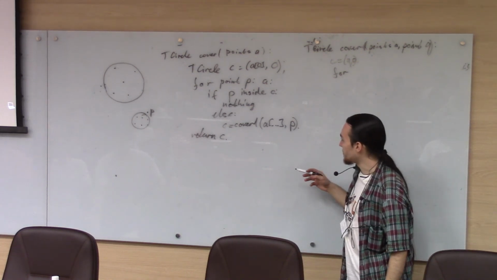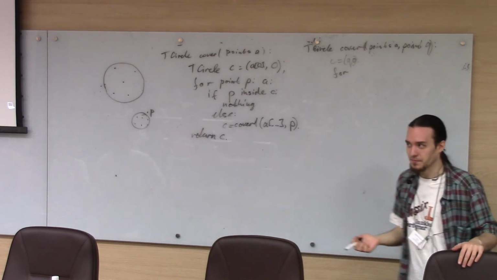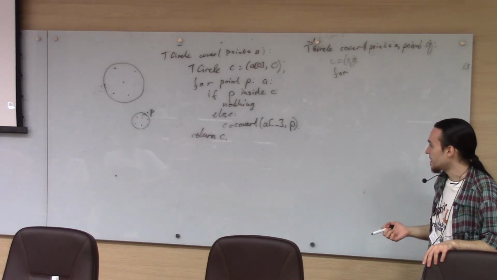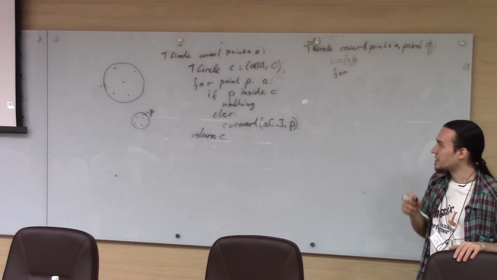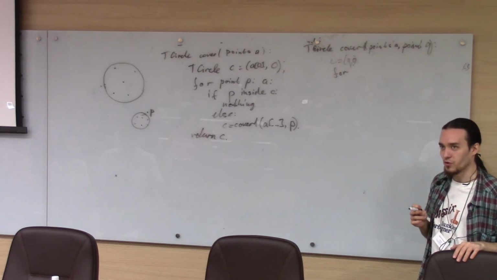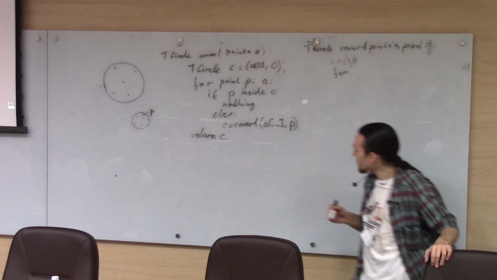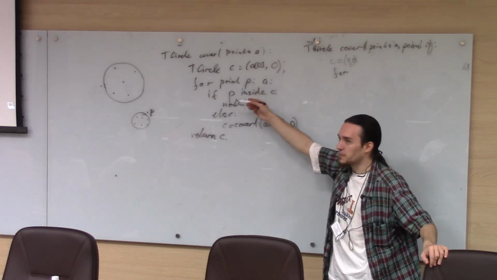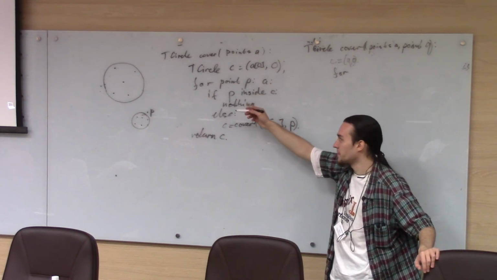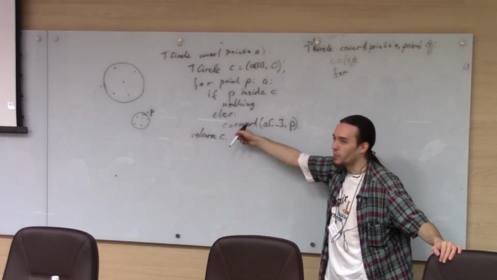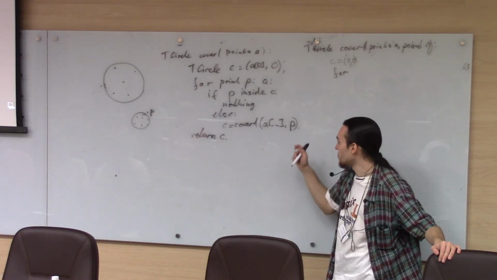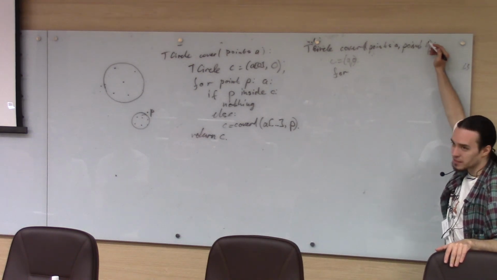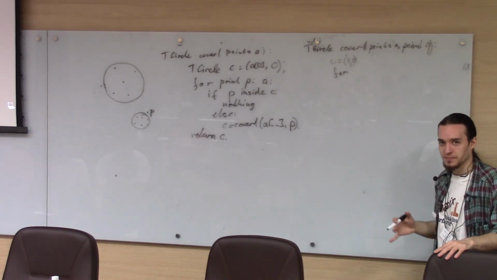And then if the point is not inside, it's a slightly nuanced moment. If another point is not inside the circle, then we have to find the circle that contains a set of points, and also both of the points, the old and the new, on the boundary.